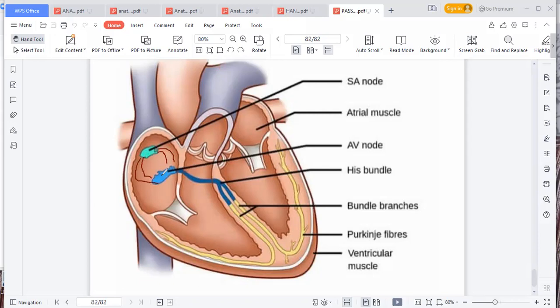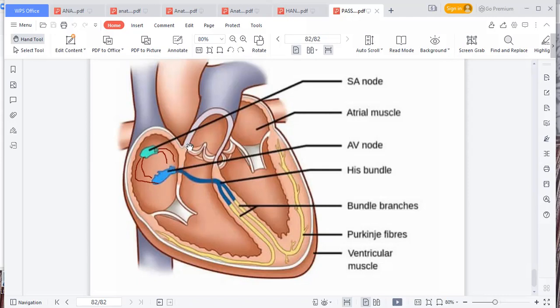the AV node. When the action potential reaches that site, there is what we call the AV node, the atrioventricular node. That node also produces some action potential, supplementing whatever the SA node did.